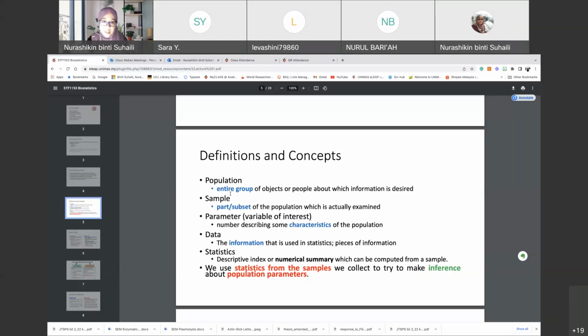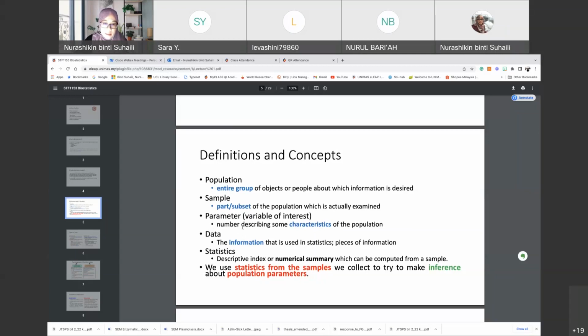For example, Malaysia is a population. Samples are the states like Negeri Sembilan, Malacca, Johor, right? Those are samples because they are under the population of Malaysia. Okay, so those are examples.